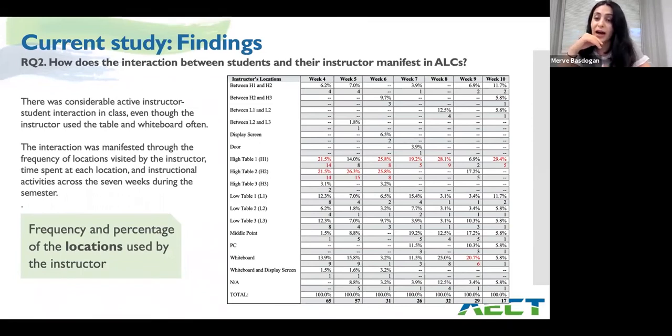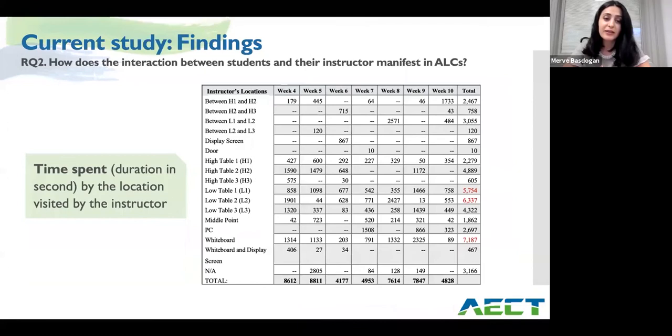In a similar way, high table number 2 was also frequently visited by the instructor, and the whiteboard was also used mostly in week 9.